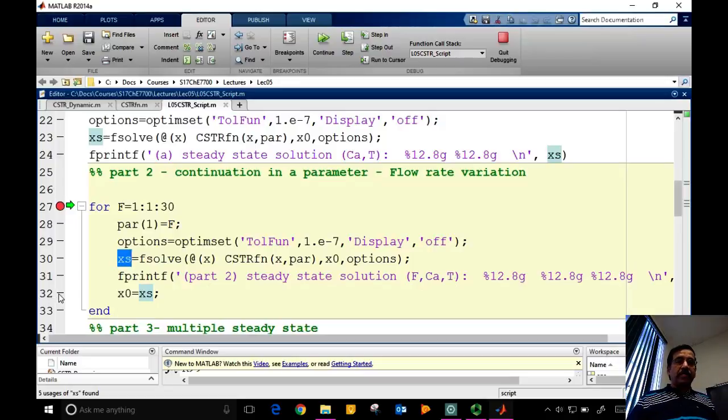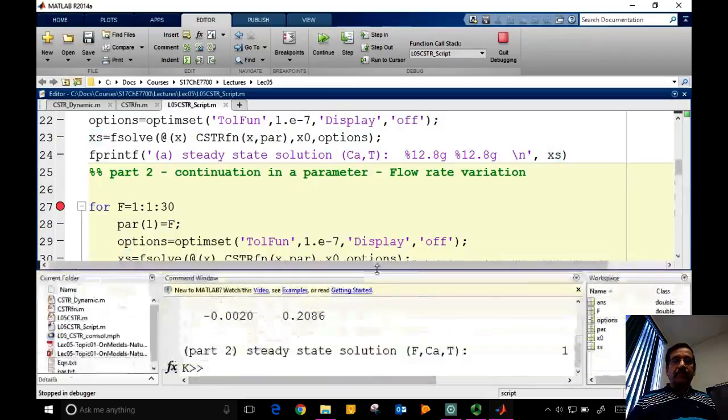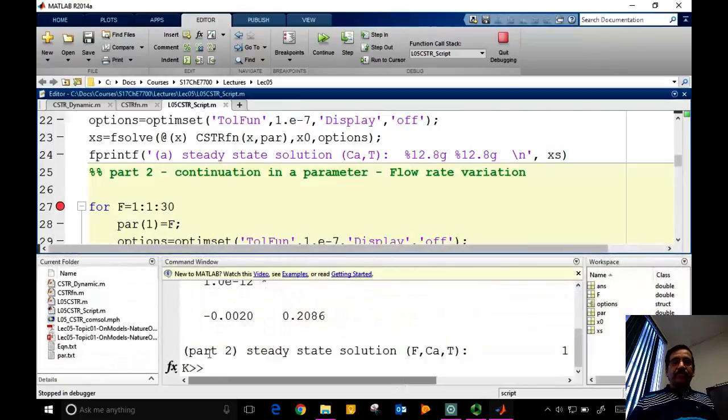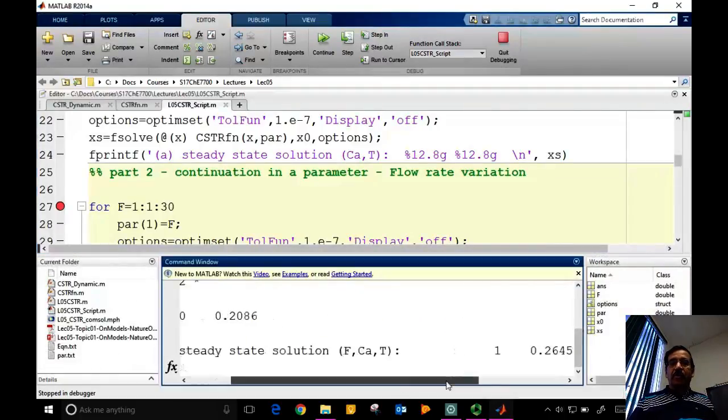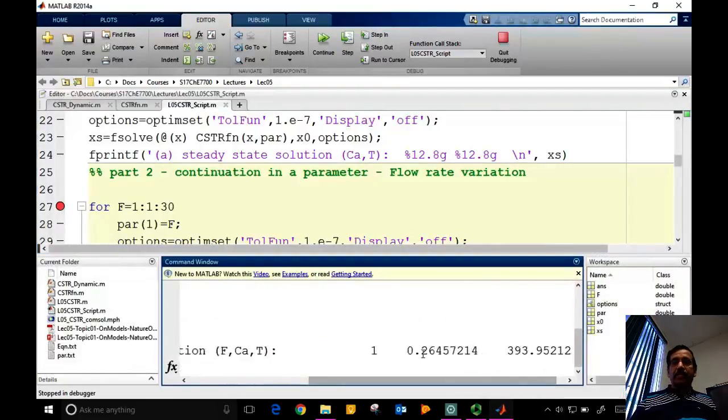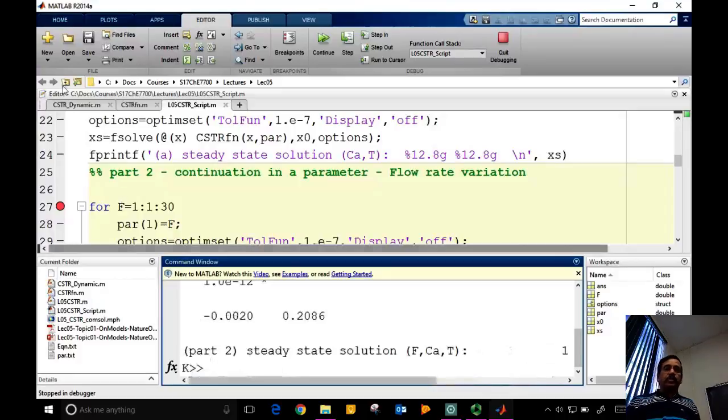So if I run this, it is printed for the very first value. Steady state solution for F. Flow rate is 1, Ca is 0.2645, and temperature is 393. And that was the original solution we had because we had Fa equal to 1.